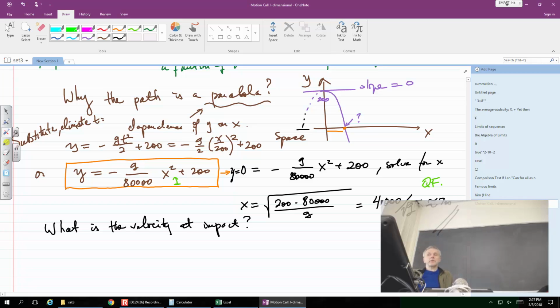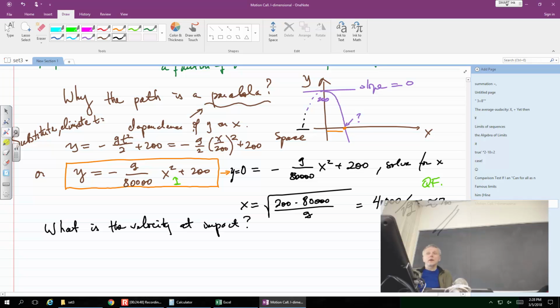So totally related question. If you're throwing a ball, you want to know how hard it hits the ground, or whatever the object you're throwing at, or a cannonball hitting a wall of a castle. So you need to know the velocity. So how would you solve it?